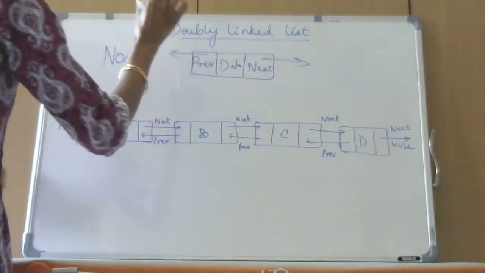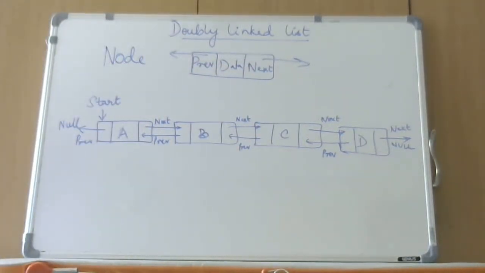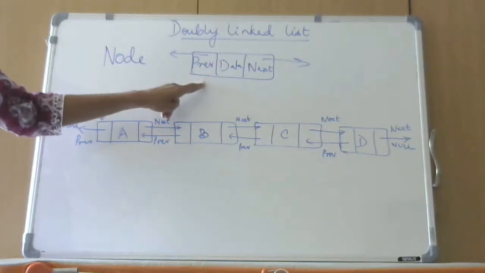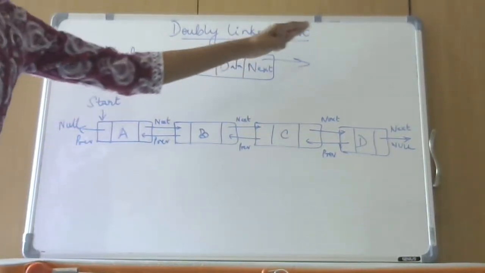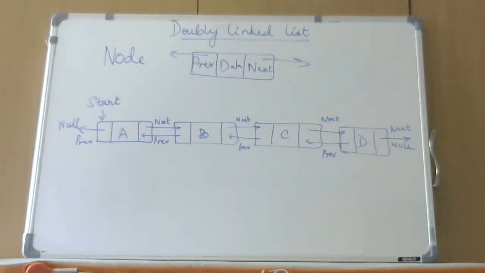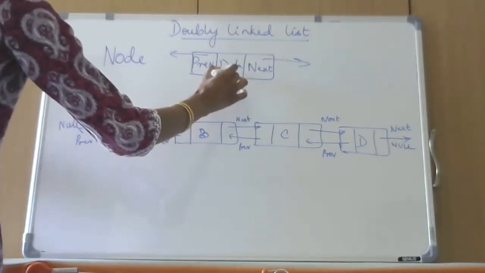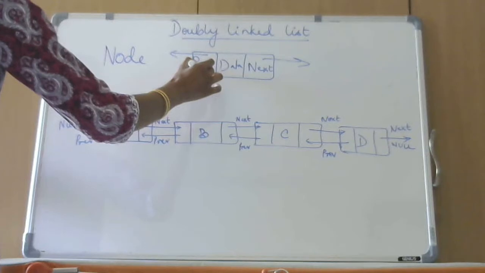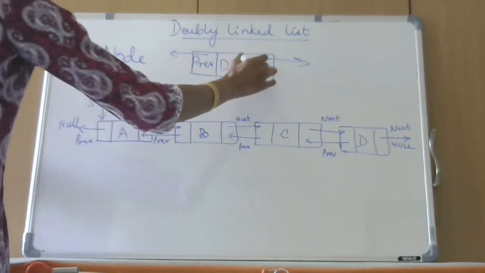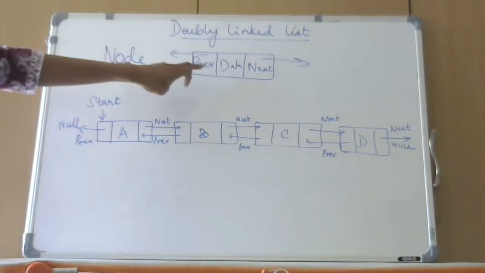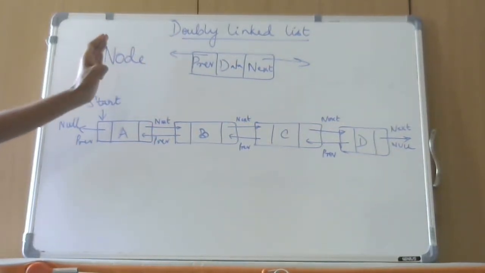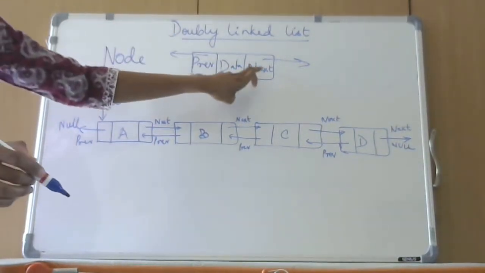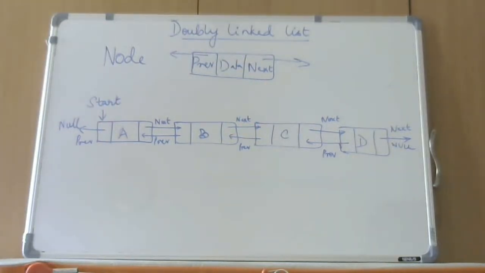So every node will have two pointers, one extra. One is pointing to the previous node and the other is going to point to the next node. So every node is going to have three fields: the data field, the link to the previous node, then the link to the next node. That means this particular previous is going to hold the address of the previous node. Next is going to hold the address of the next node.